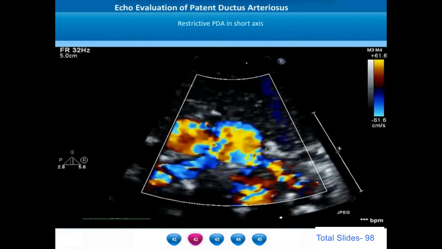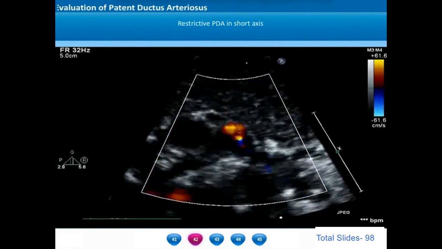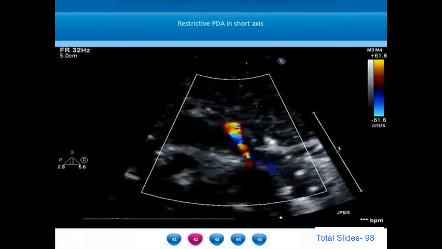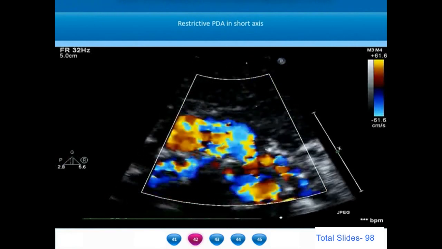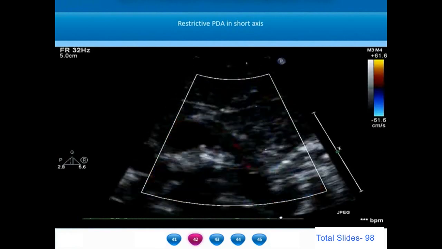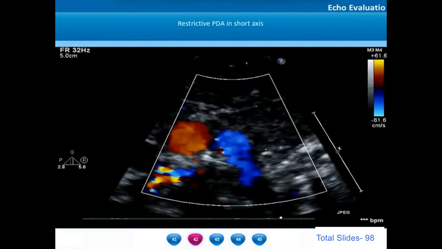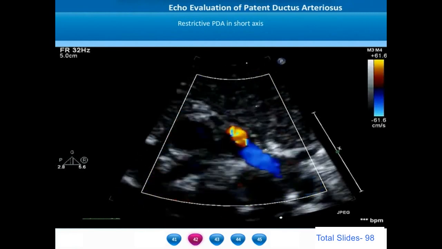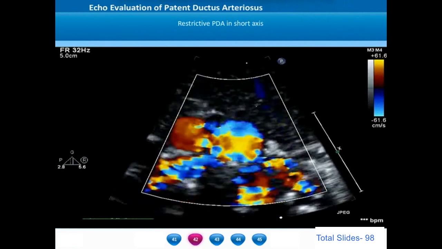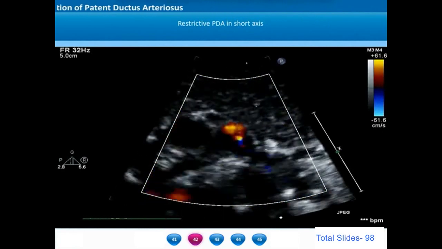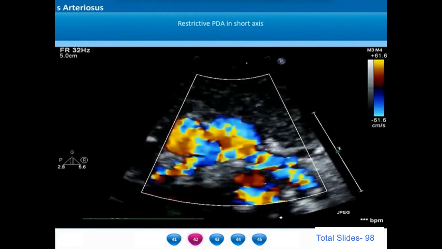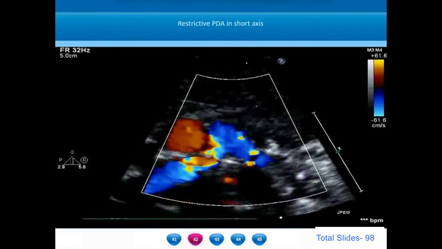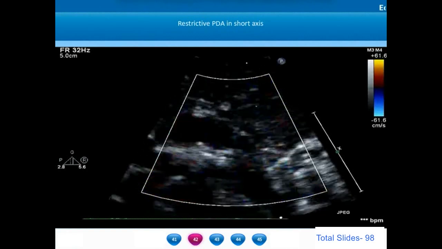On a short axis view, we notice the pulmonary artery bifurcation, and then when we sweep the transducer a little bit more superiorly, we notice the origin of the small restrictive ductus arteriosus from the anterior wall of the descending thoracic aorta and inserting onto the PA bifurcation. The ductus in a parasternal short axis view will be visualized only when we sweep the transducer a little bit more superiorly than the level of the PA bifurcation.